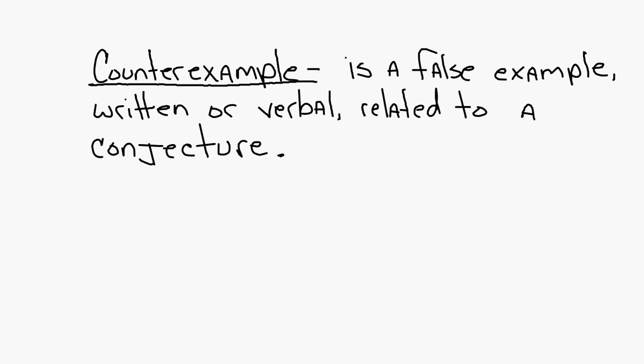The counterexample would be a false example related to a conjecture. Meaning, I'm looking outside right now and it's not raining. Or I'm outside right now at O'Galley and it's not raining. So a counterexample is a false example related to a conjecture. It's when you make a statement related to a conjecture that shows that it is incorrect or that it is false.